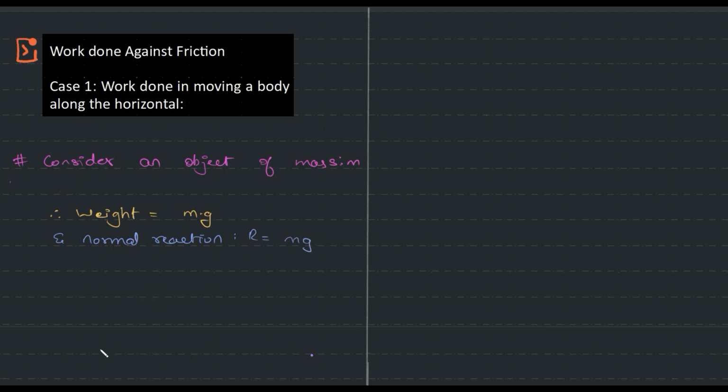So we are looking at a surface, we are looking at an object, and the object is not here. Since we have to move it, say it's over here, and we move it. As and when we move it, we encounter friction.